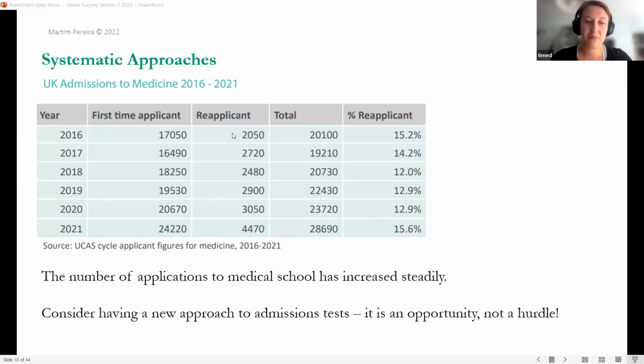So that is something to keep in mind, especially when you're looking at previous papers and previous years. And I'd also say when you're looking at previous papers and previous years, make sure you're looking at the distribution. Some years are easier than others.